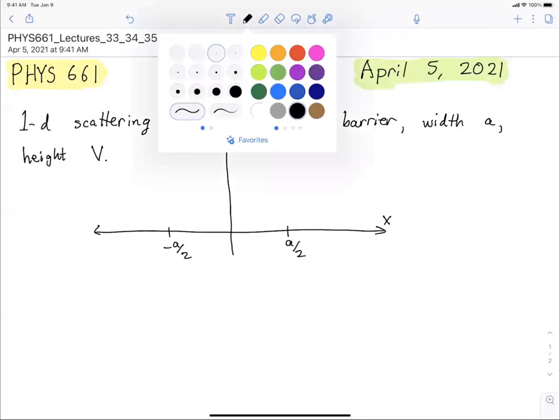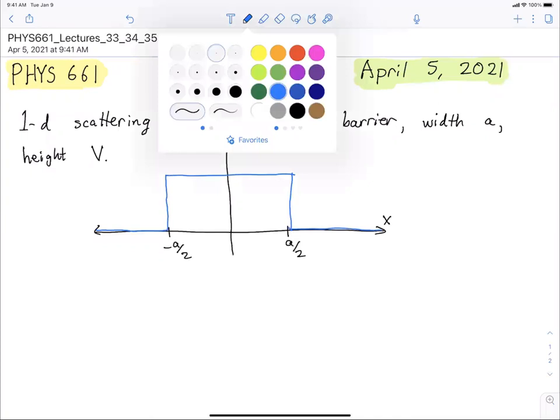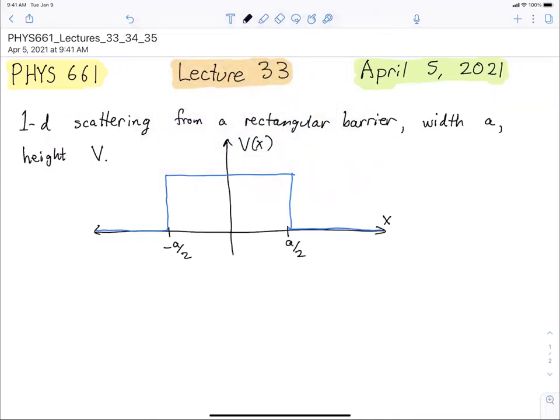And so the shape of this barrier looks like this. It's 0. Then it bumps up immediately to some finite value V, comes back down like so. Okay, and so this height we're also going to call V.